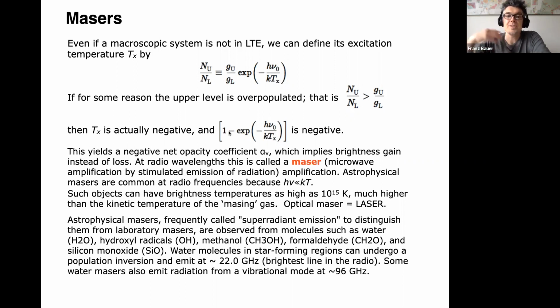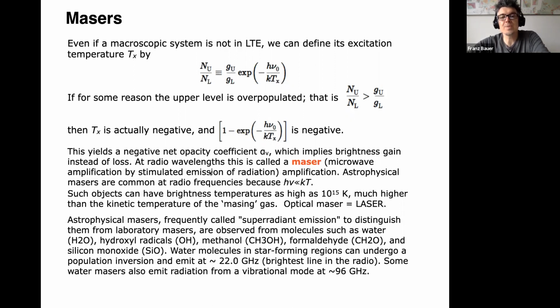This yields a negative opacity or absorption coefficient. So instead of getting a loss, you get a brightness gain, and an emission line comes out. This is known as a maser, right? Microwave amplification by stimulated emission of radiation.